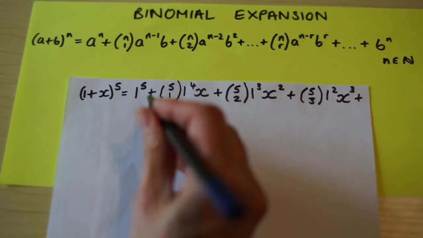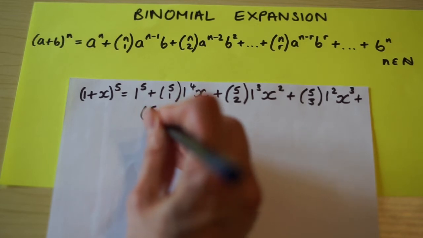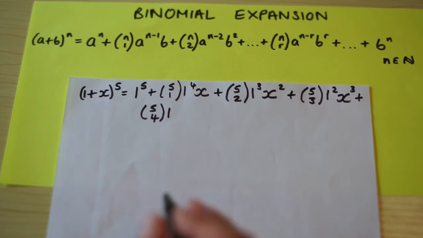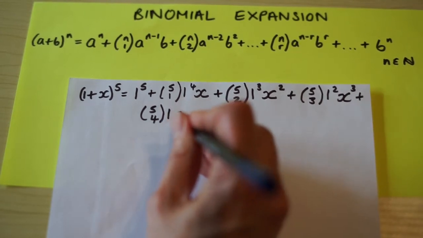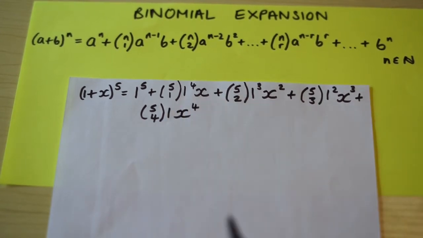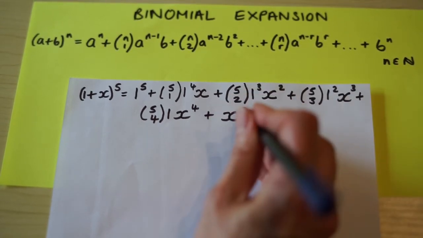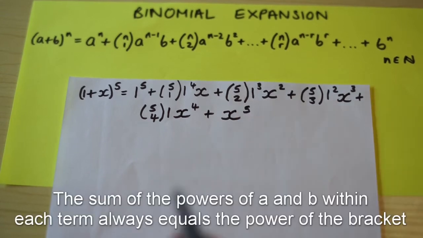Keep going. We got 5 choose 4, we've got the 1 term that's decreasing, and the x term's increasing, and that leaves us with the last term where we've got x to the power 5.